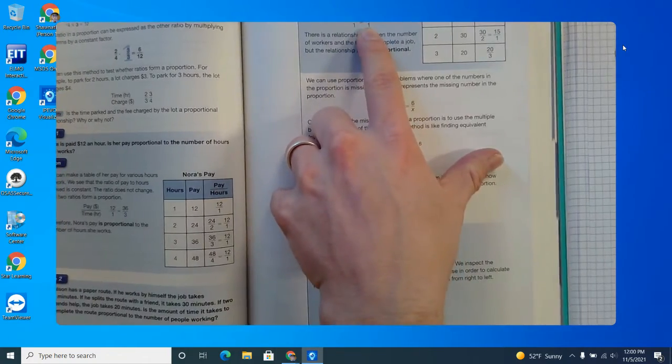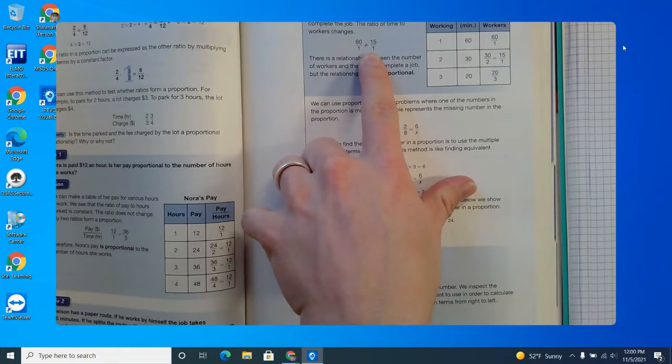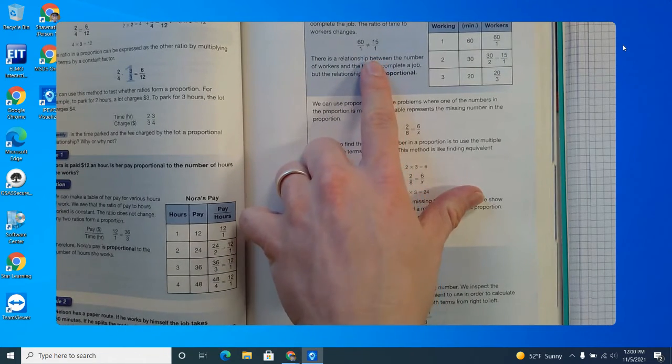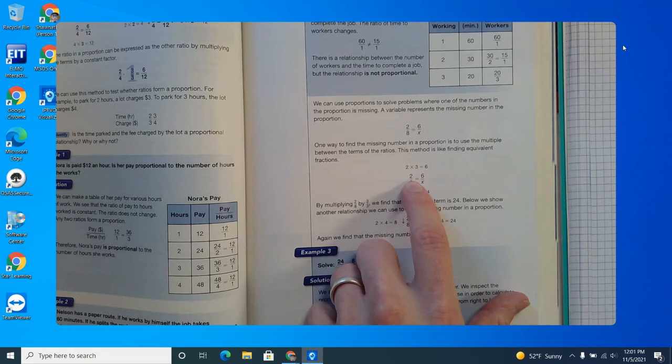We see situations that are not proportional, where you look at them and figure out these are not the same thing, right? Jobs that are tipped, of course, aren't going to be proportional because you don't know how much tip money you're going to get paid each hour. So you're trying to figure out if things are proportional. If you're told something is proportional, then here 2 to 6, that's times 3.